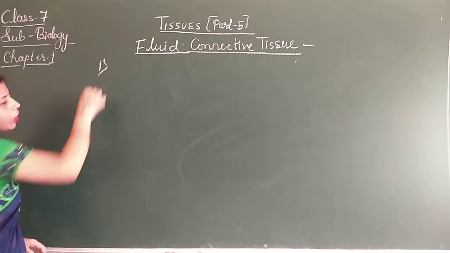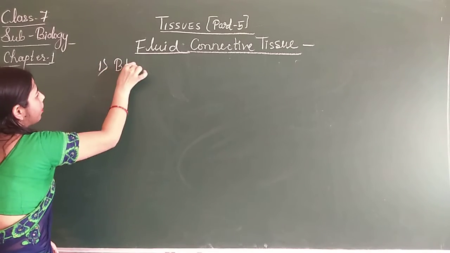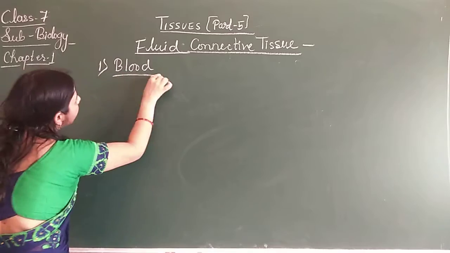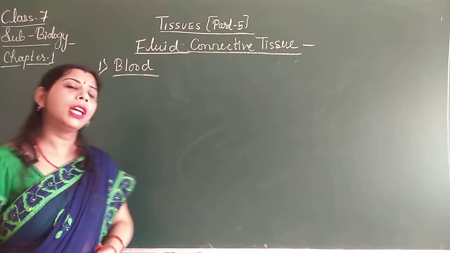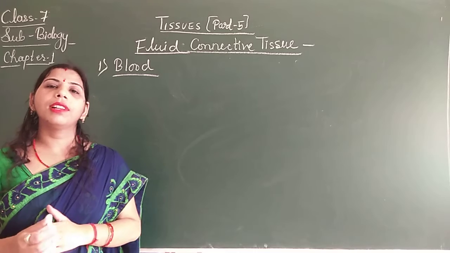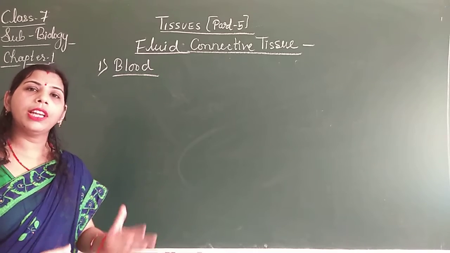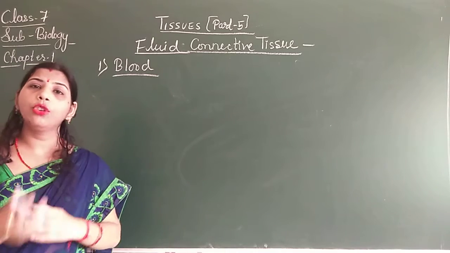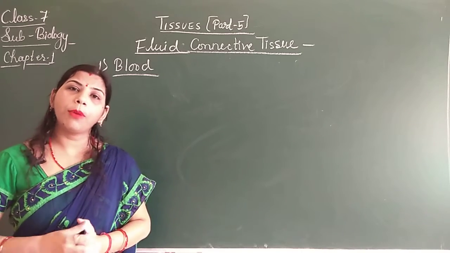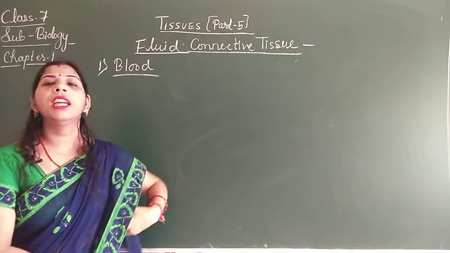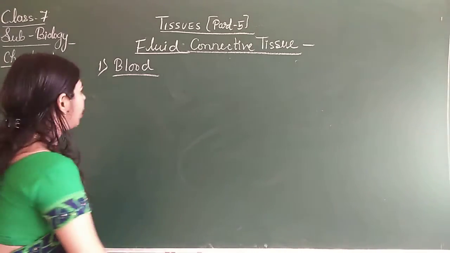First we will discuss blood. Blood is a very important part of our body because it carries minerals and nutrients to our body. It also supplies oxygen and removes waste and excretory material from our body. That's why it is very important.